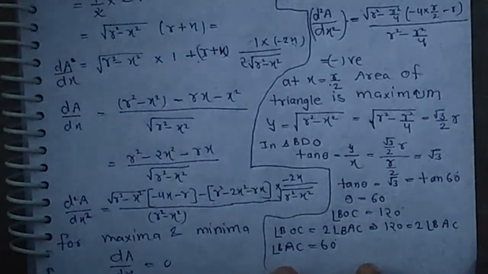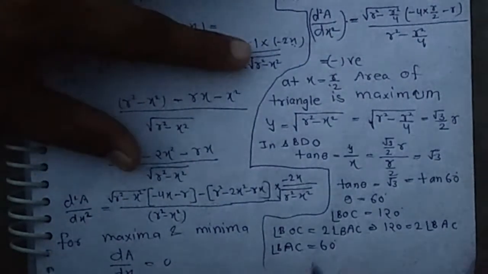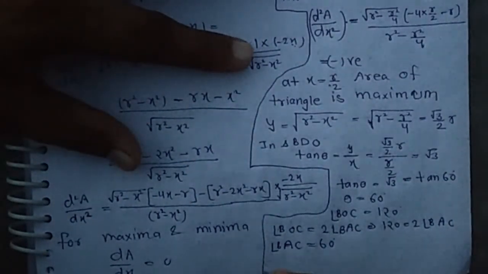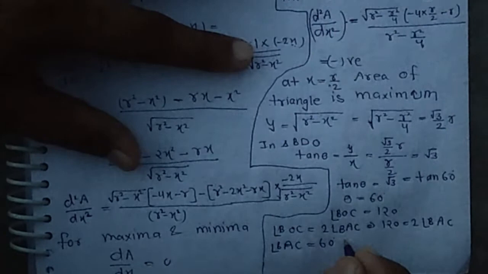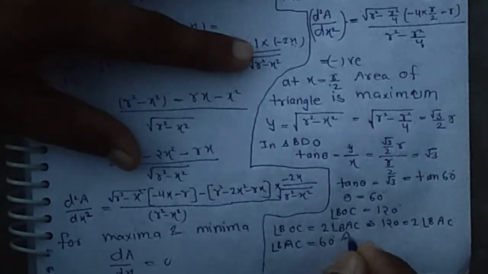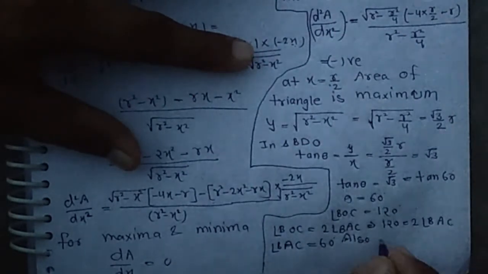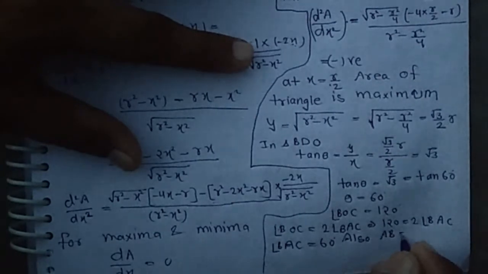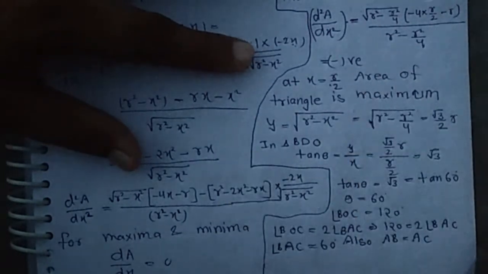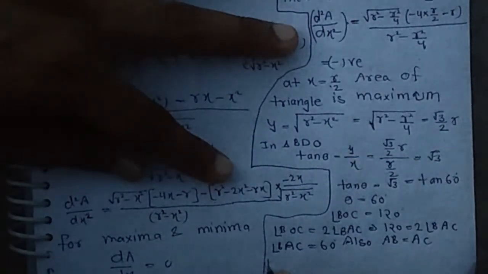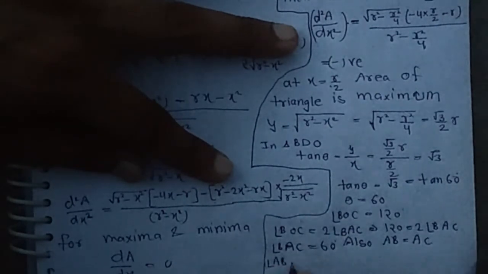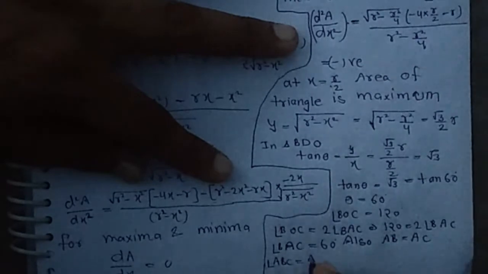Also AB equals AC, because triangle ABC is isosceles, means angle ABC is equal to angle ACB.